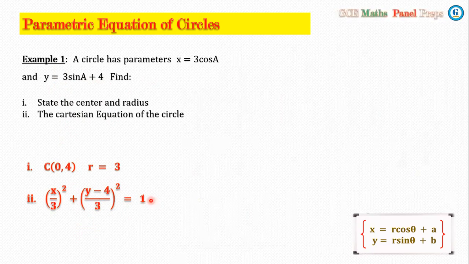Or you can just say it directly: x minus 0 squared plus y minus 4 squared is equal to the radius squared, which is 3 squared. There's no problem with that. You can express it like this.